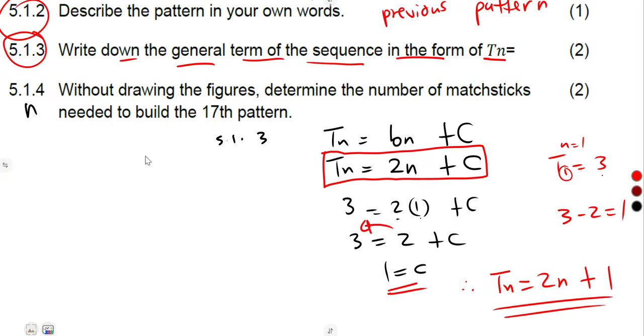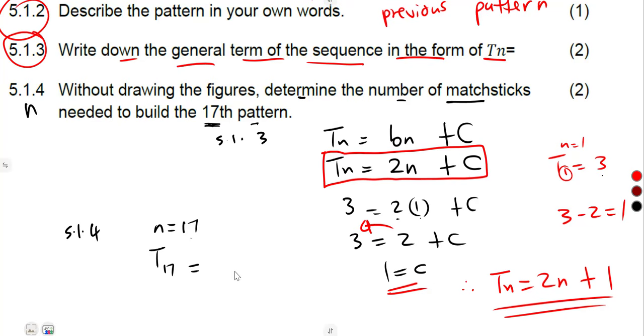So 5.14, without drawing the figures, determine the number of matchsticks needed to build the 17th pattern. So what we are given there is the value of n, the 17th pattern. n is equal to 17. So what is T17? T17, simply substitute that in Tn. In place of n, you put 17.